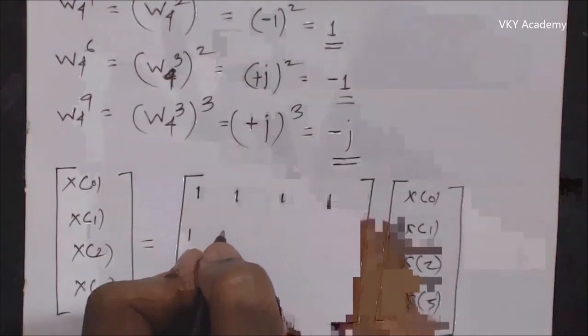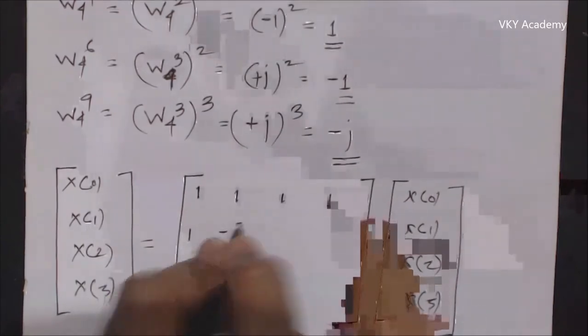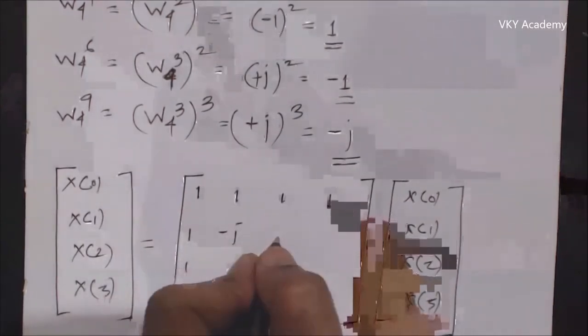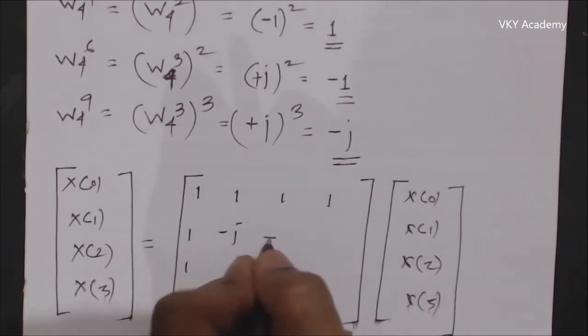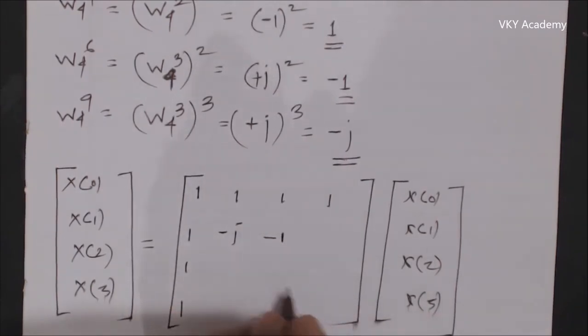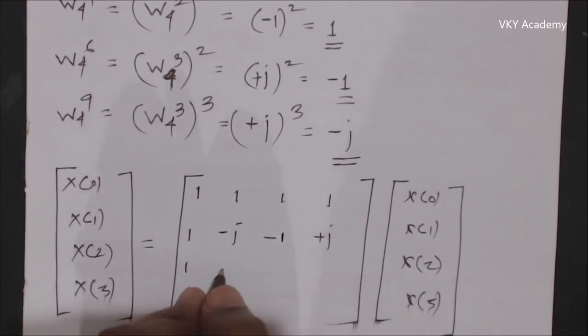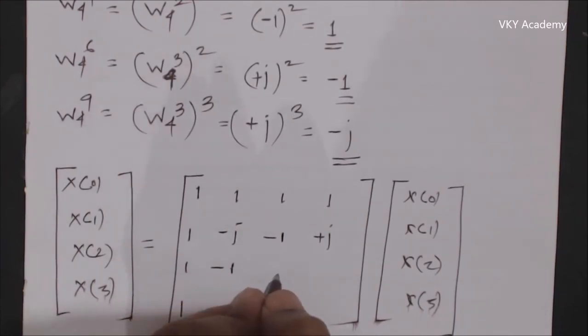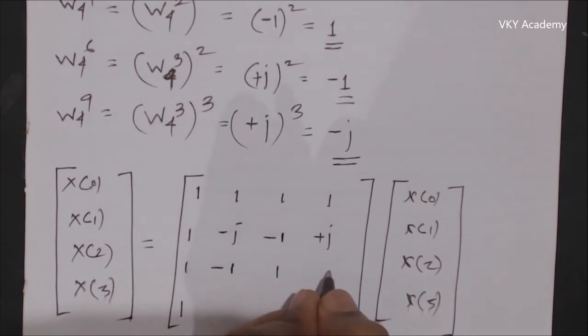Next is W4 to the power 1 is minus j, W4 to the power 2 is minus 1, W4 to the power 3 is plus j. Next, W4 to the power 2 is again minus 1, W4 to the power 4 is 1, and W4 to the power 6 is minus 1.